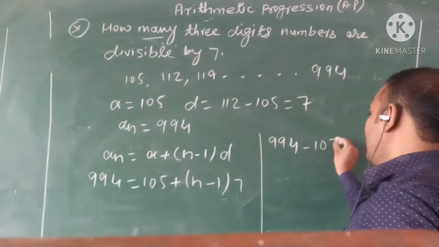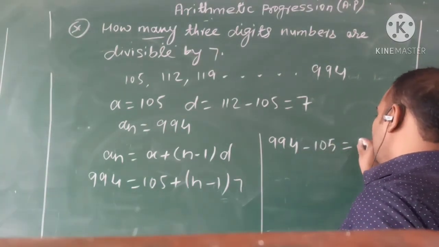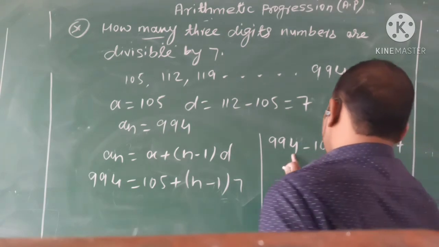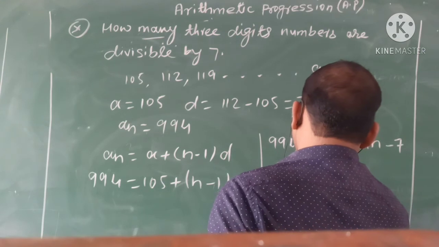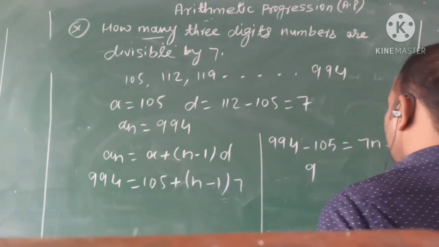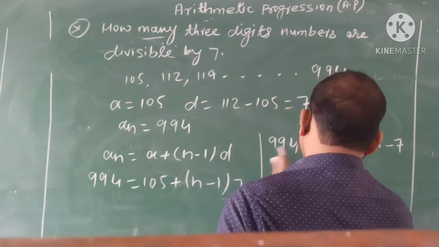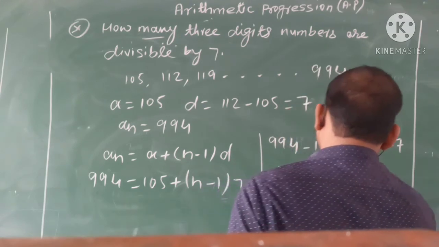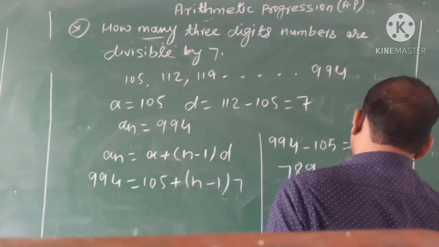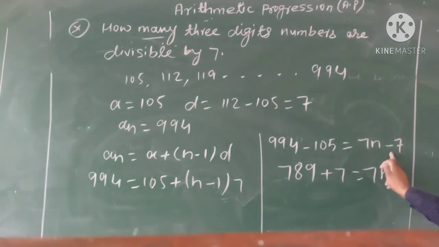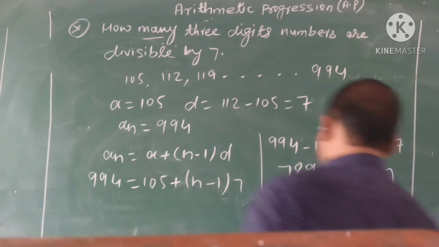994 minus 105 is equal to 7n minus 7, so 889 plus 7 equal to 7n. Side change, sign change: minus comes to plus.